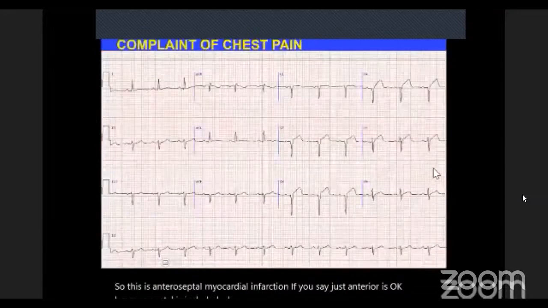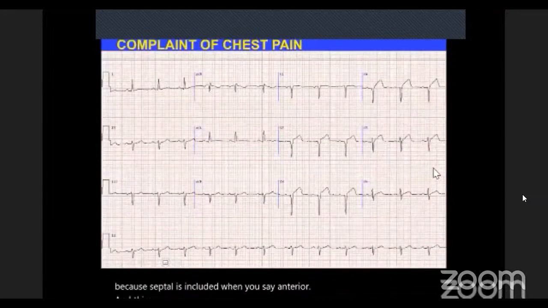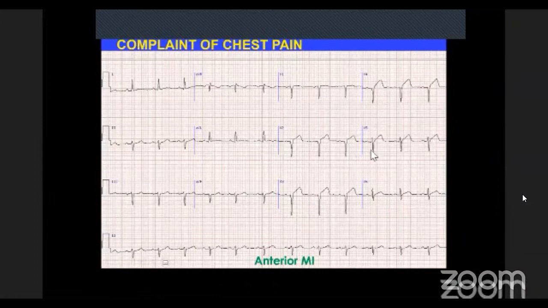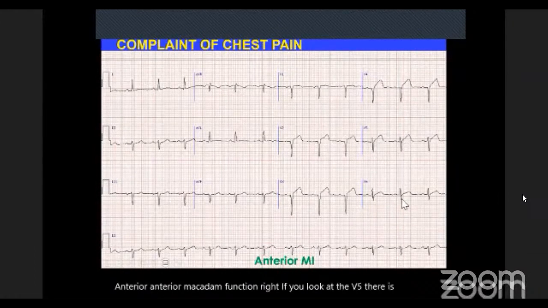And this one, again, same thing, anteroseptal. If you look at V5, there is minimal ST segment elevation, but we don't see it in other lateral leads, so still anterior MI.